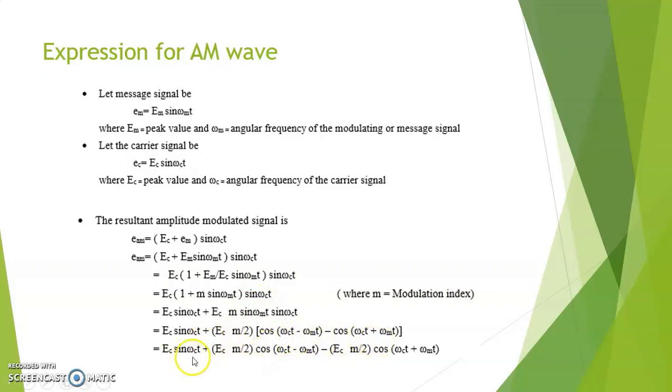So we'll get EC sin omega ct plus EC m by 2, because we have 1 by 2 in that trigonometric expression, into cos omega ct minus omega mt minus EC m by 2 cos omega ct plus omega mt. So this is the final expression for amplitude modulated wave.